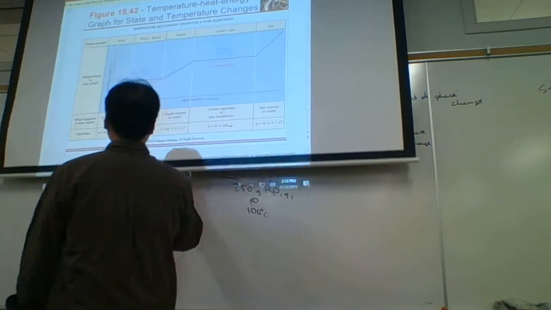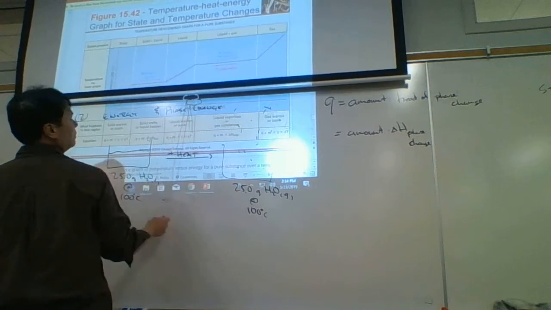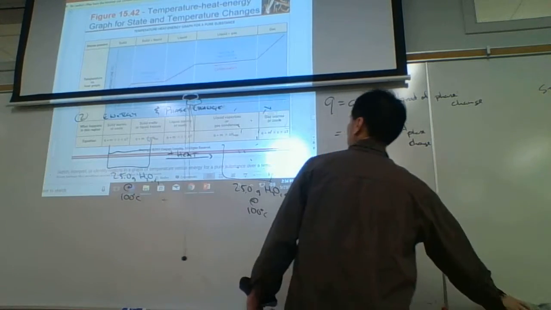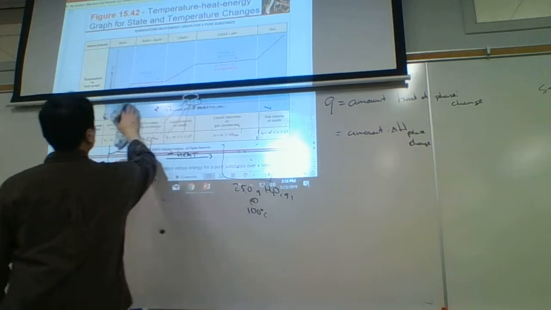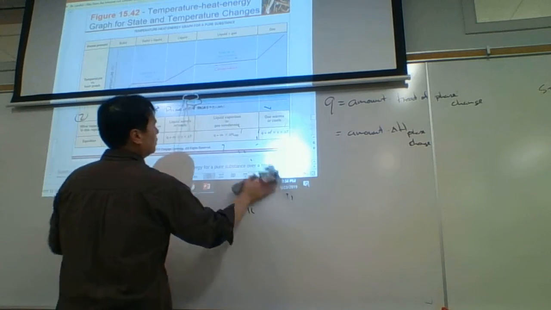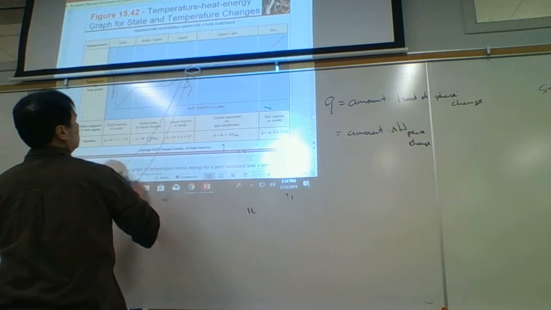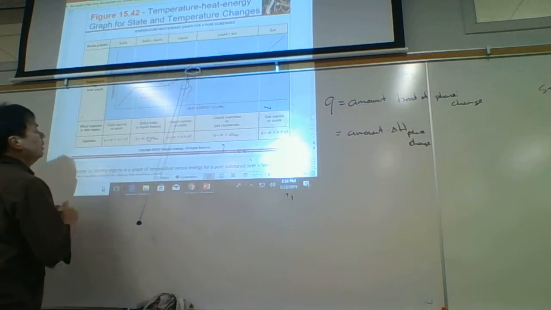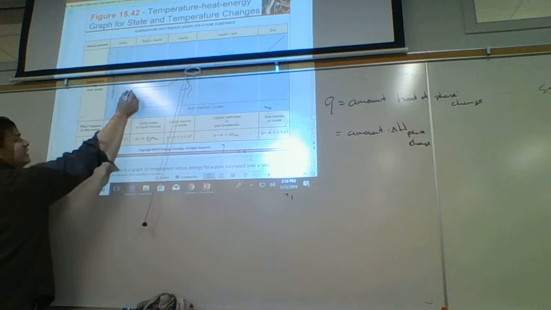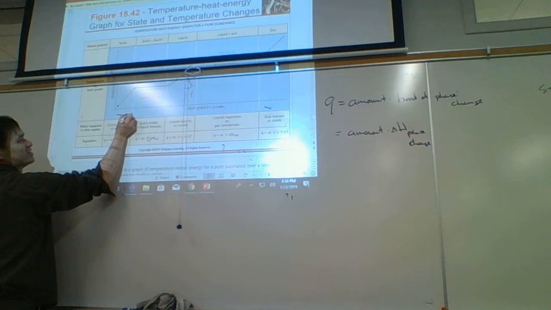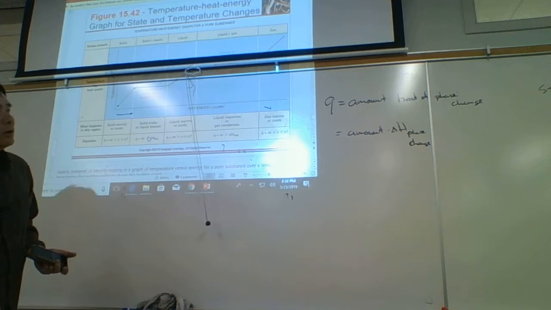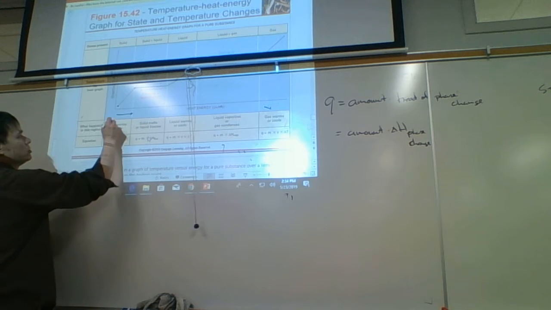So this is what we have so far here. Okay, to warm the ice from here to here is going to cost us 237 joules.